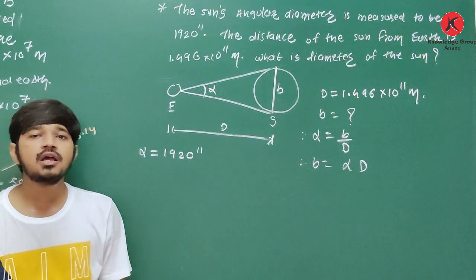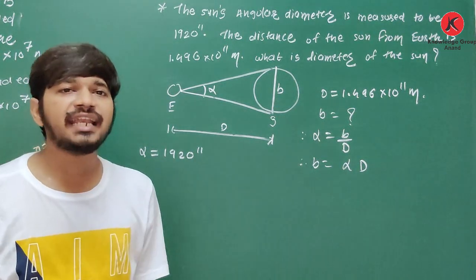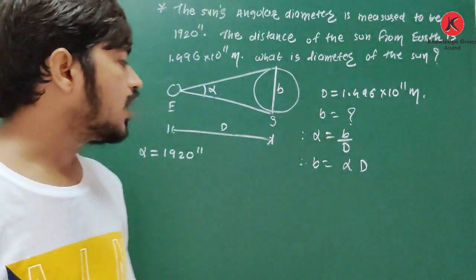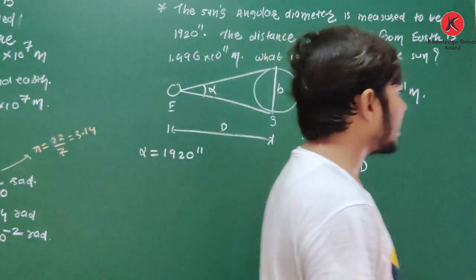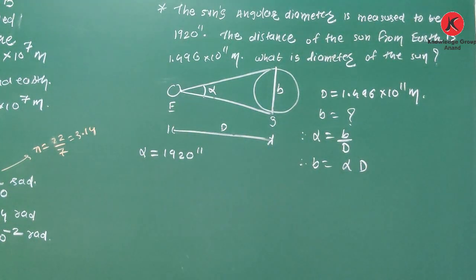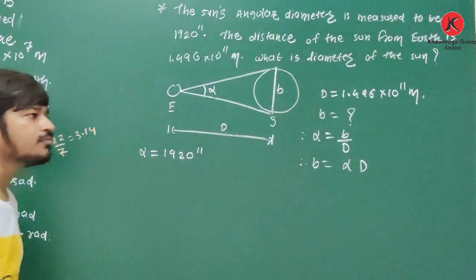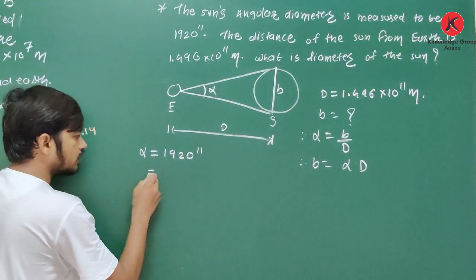Alpha is also given. But see, what is the unit of alpha? It is 1920 seconds. So first of all, you have to convert this second into radian. How to convert this? You know the method.